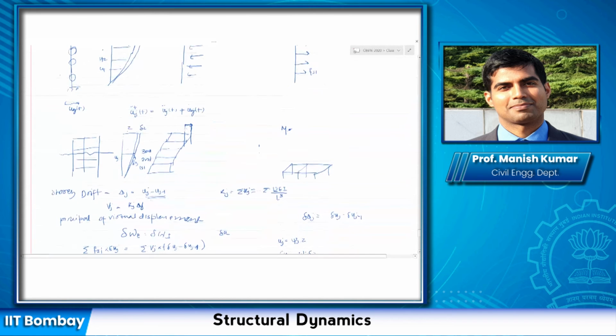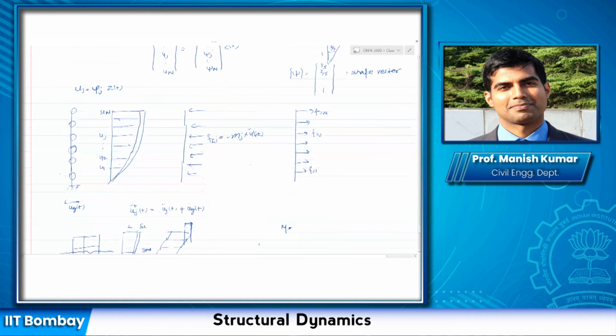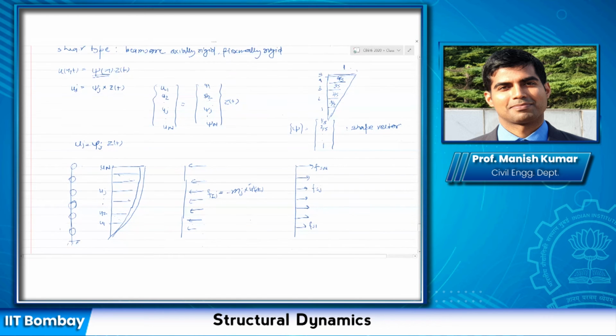You consider a 5-story building for which the shape factor is represented by this, and in that 5-story building, assume that the masses at each level are simply m, and the story stiffnesses are the same as k at every level. What I need you to do is find me the equivalent mass and the equivalent stiffness of the equivalent single degree of freedom system and then get me the frequency of the system.